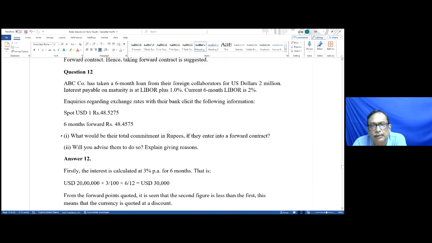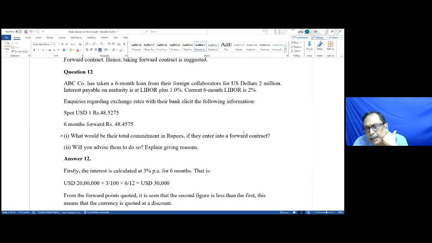Firstly, the interest rate is calculated at 3% per annum for 6 months. Because if you look, interest payable on maturity is at LIBOR plus 1%. So current 6 month LIBOR is 2, so 2% plus 1%.